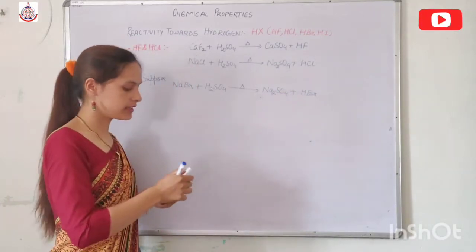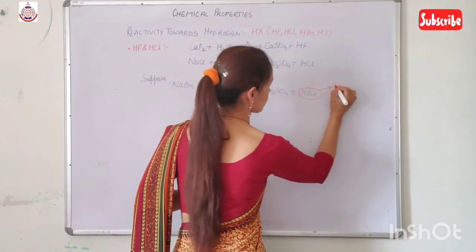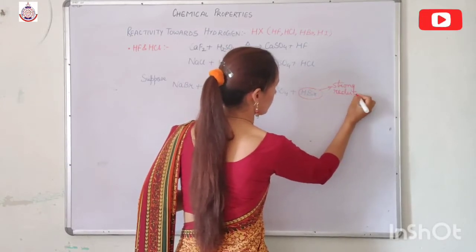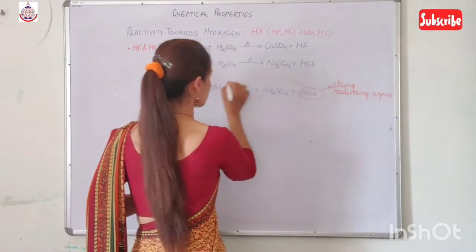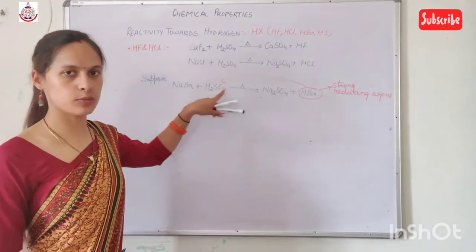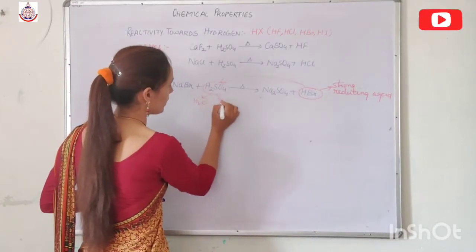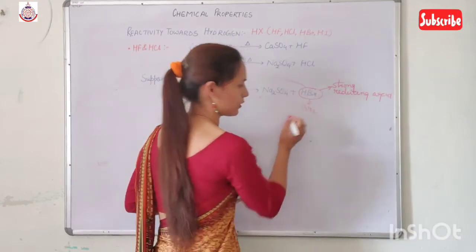Now here, this HBr acts as a strong reducing agent. This HBr reduces this H2SO4 into H2O and SO2, and itself gets converted into Br2.